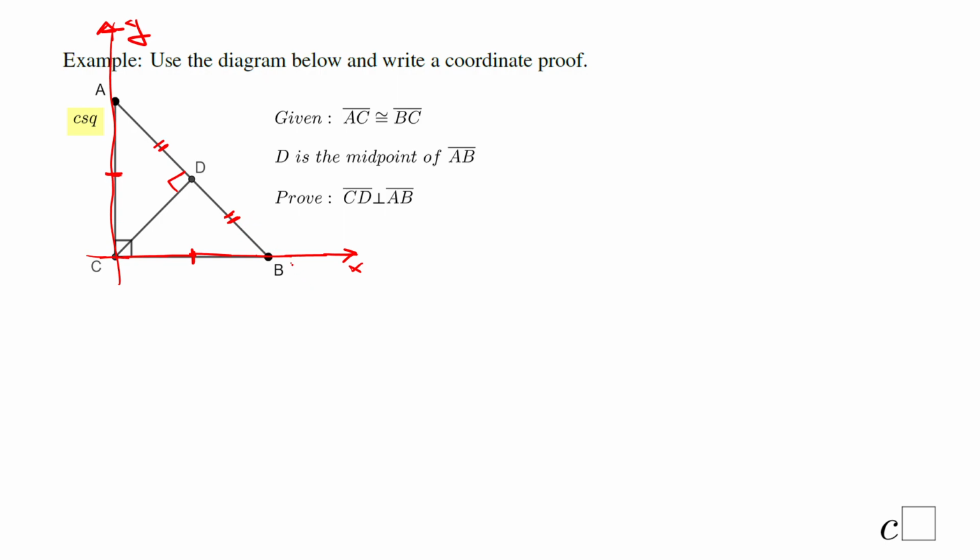So this point, let's say, is here, and I'm going to say B is at 2m and 0. Now, if you notice, these two segments are congruent. It's given in this problem. So point A should be at 0 and 2m.